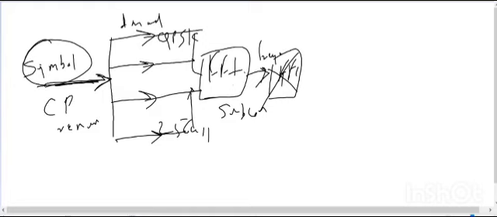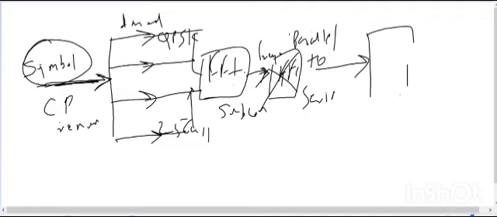So at the receiver we did the CP removal, then the demodulation, then the FFT process. After that, the parallel streams get converted by parallel to serial conversion, and at the end the high data transmitted at the TX end is received at the receiver end.